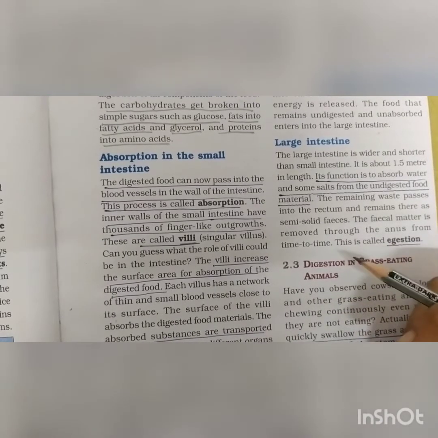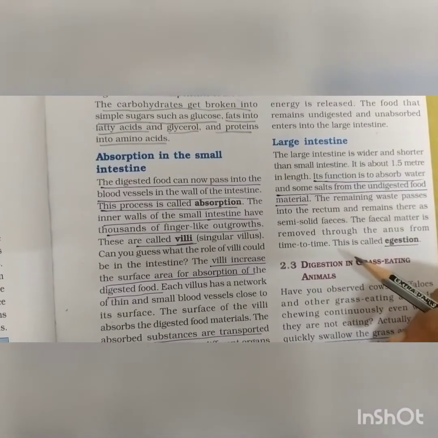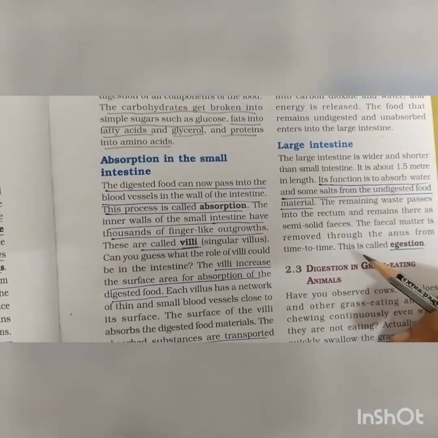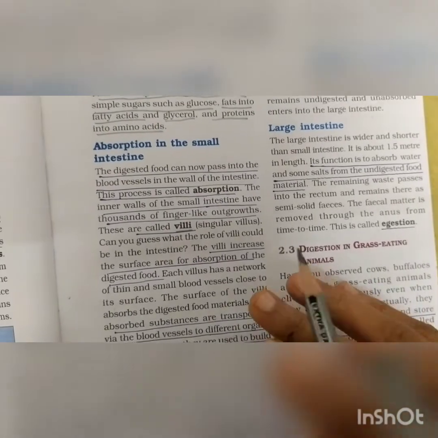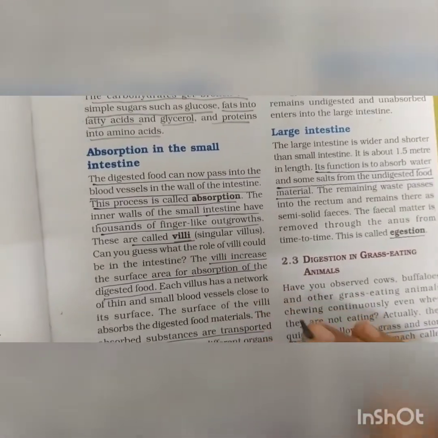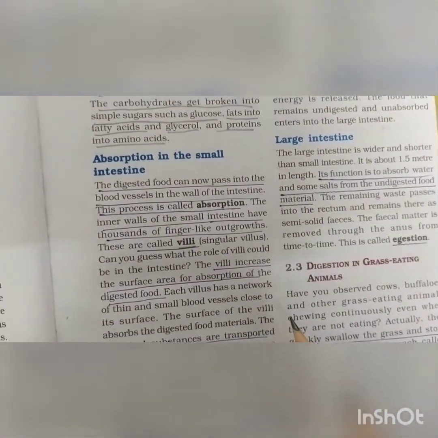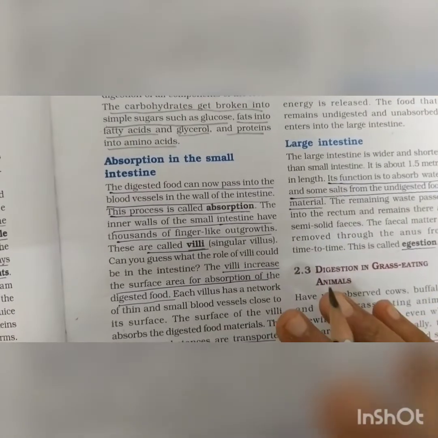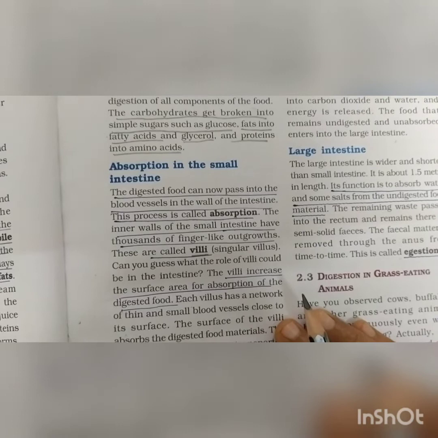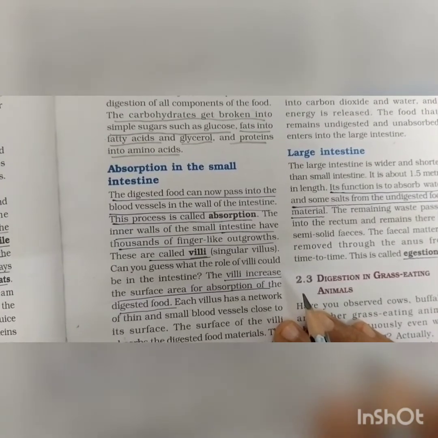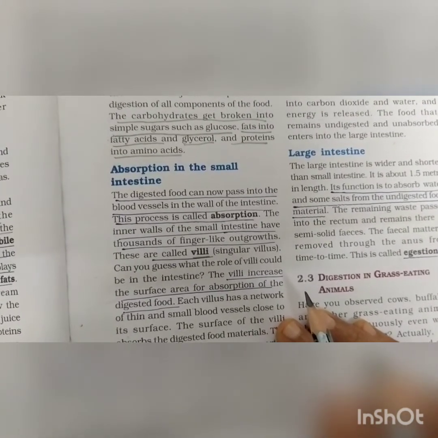All of you take your textbook and open page number 17. In a previous class, we learned the digestive process takes place in the stomach and small intestine. We all know that the main steps of nutrition in humans are ingestion, digestion, absorption, assimilation, and egestion.